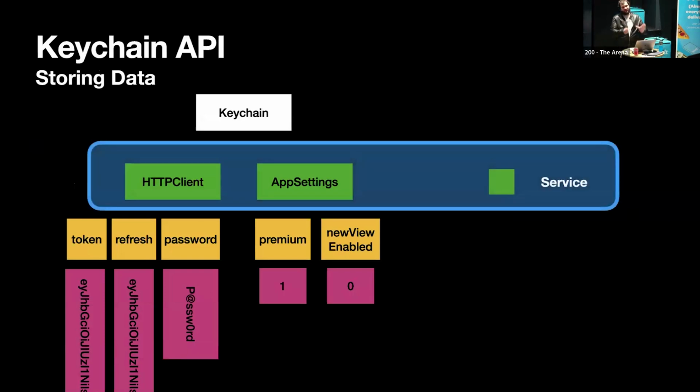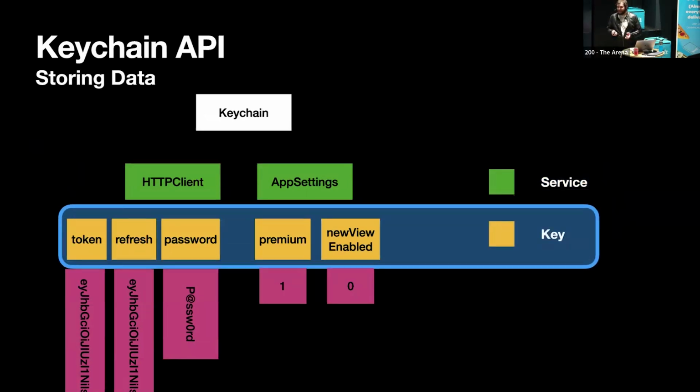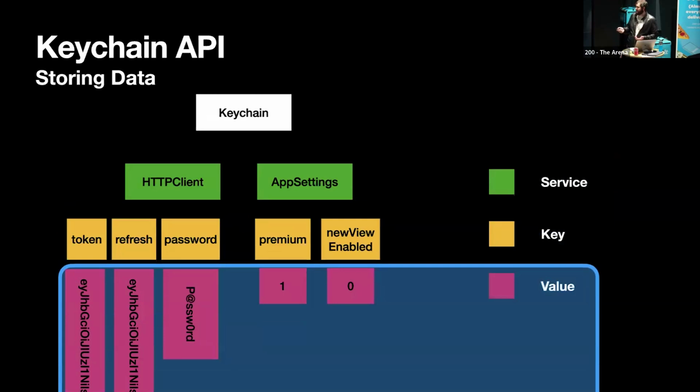It's a group of items stored together. Each of those services will have multiple keys for each value. Like you can have a token stored, or a refresh token, or a password, and all of that is stored as the value for that key. It's a classic key-value storage, so actually, it's very simple.